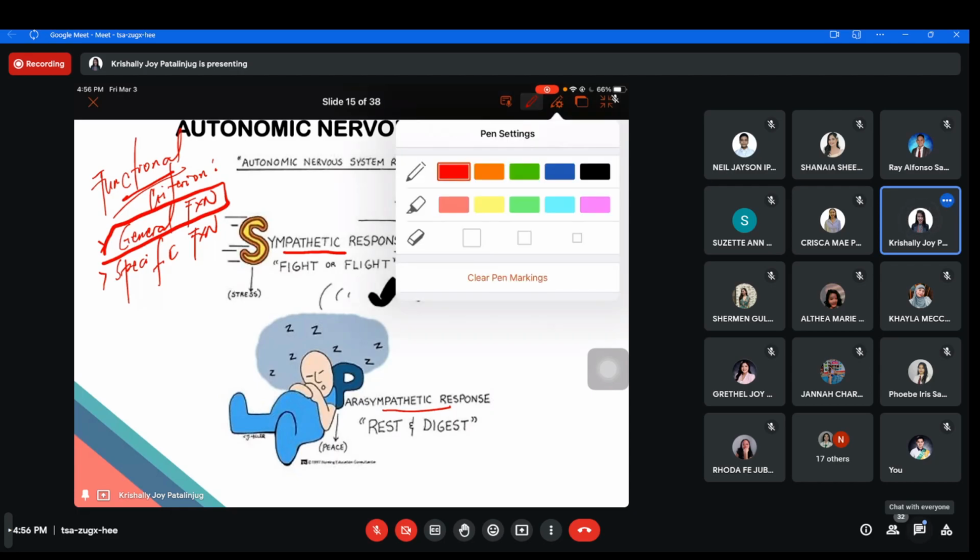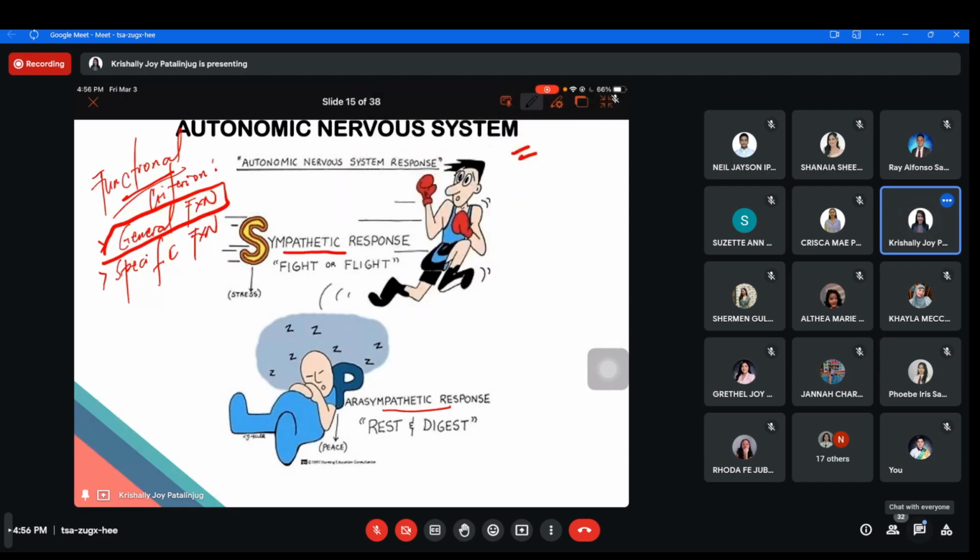Okay. Now, regarding general functions, kapag sympathetic, nakasulat naman siya, no? Kapag sympathetic, it is also known as fight or flight. Whereas kapag parasympathetic response, nakasulat din, that is rest and digest.